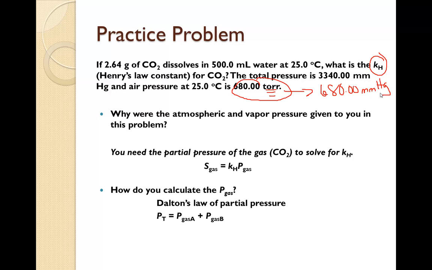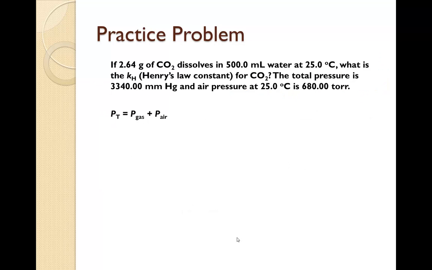So why is the atmospheric pressure given to you? Because you need the pressure of just the gas. So we need to subtract the air pressure out of the total to figure out just the gas. Let's do that. Our total is 3,340 millimeters of mercury.